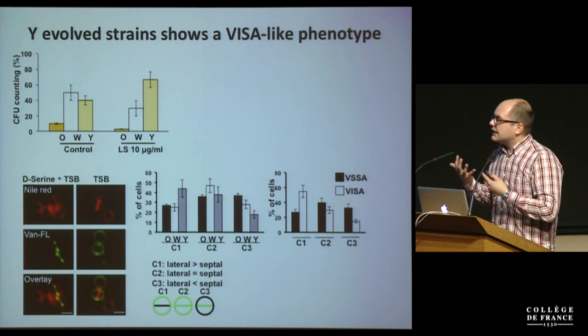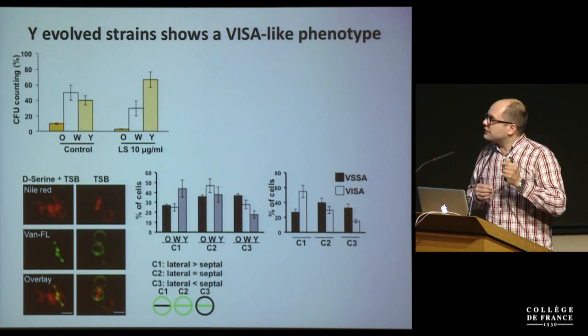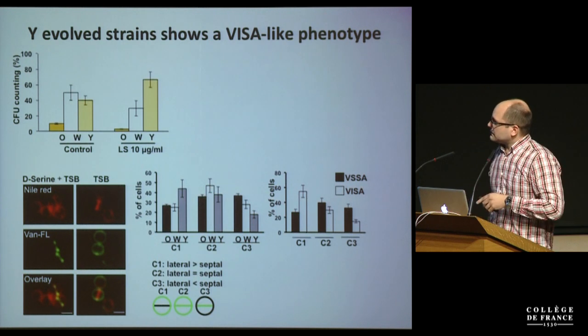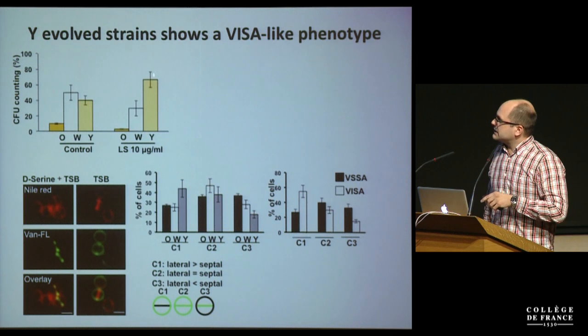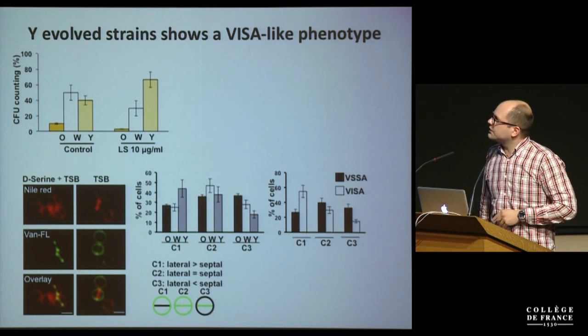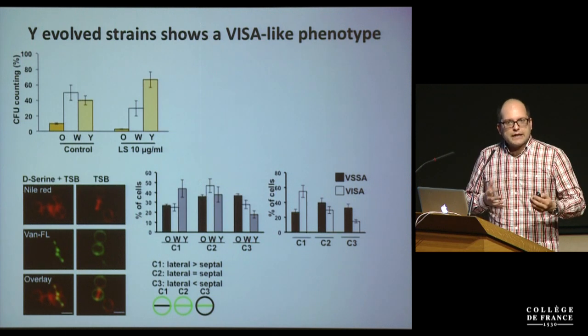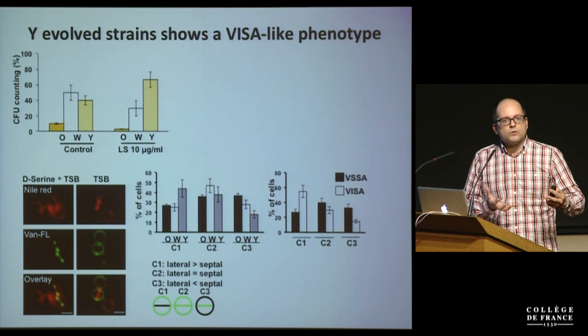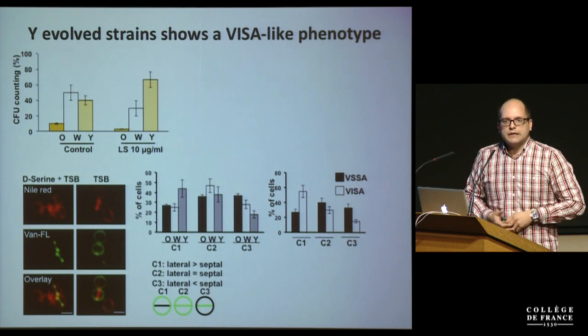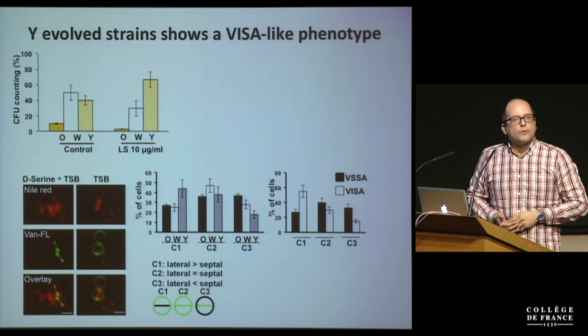So it seems like in the treatment with lysostaphin, this endopeptidase, the yellow strain is more resistant. It resists better the activity of these endopeptidases in comparison to the other 2 strains. That is consistent with the idea that it has a thicker or stronger cell wall that probably prevents the diffusion of vancomycin.